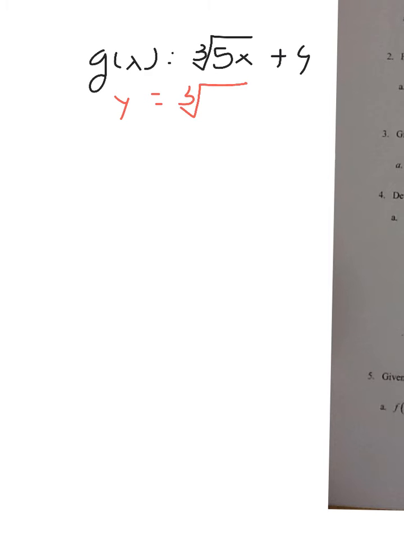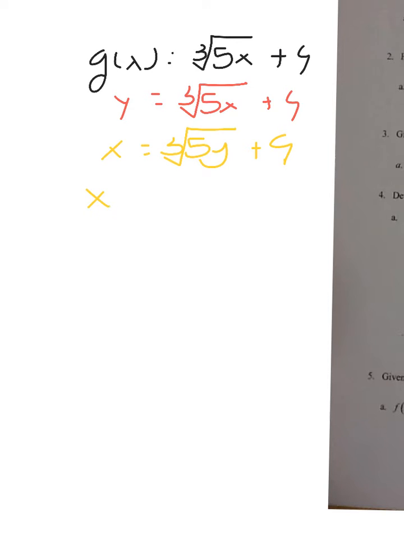All right, so g of x is equal to the cube root of 5x, and then I have plus 9. So this is y equals the cube root of 5x plus 9. Switch x and y for the inverse. X equals the cube root of 5y plus 9. So the first thing we need to do is subtract 9.